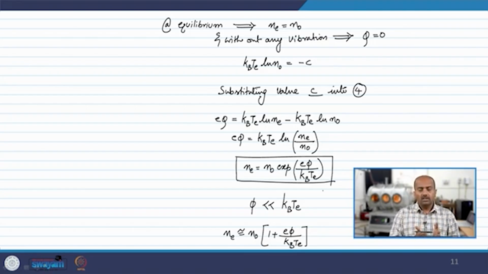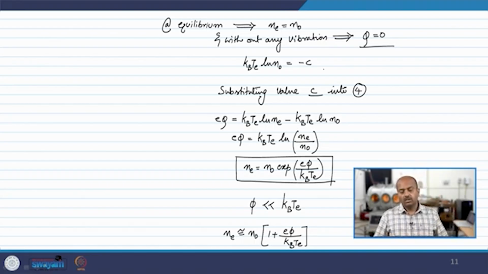So, without any vibration, this electric field, which is constituted out of the potential, will automatically become 0. So, phi is taken to be 0, and when you take phi to be 0, you write this kBTE ln N naught equals C, and substituting the value of C back into equation number 4, we get this.